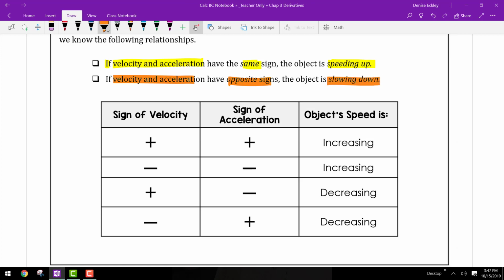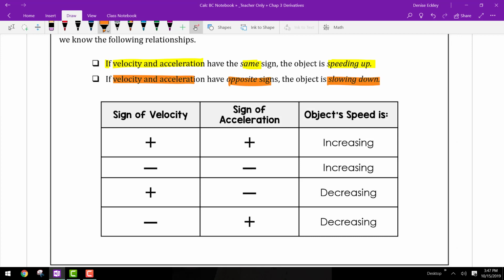So even though your velocity may be negative and your acceleration is negative, you're actually speeding up in the negative direction because they both have the same sign. So it's like you're heading back towards where you started and you're speeding up that process of moving back towards where you started. But if you're moving in a positive direction and your acceleration is negative, it's like someone's putting the brakes on your car, so you're slowing down.